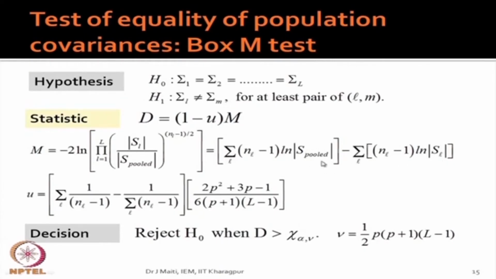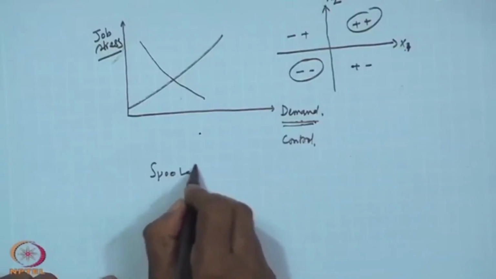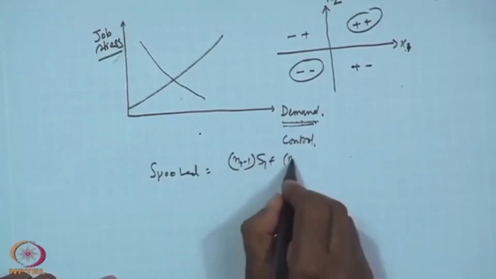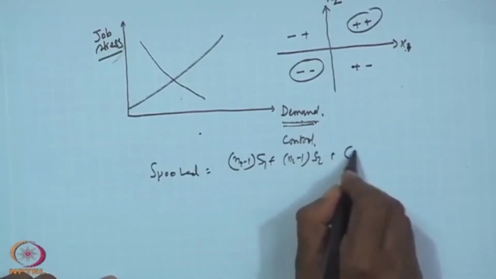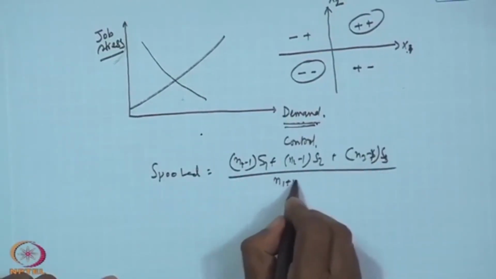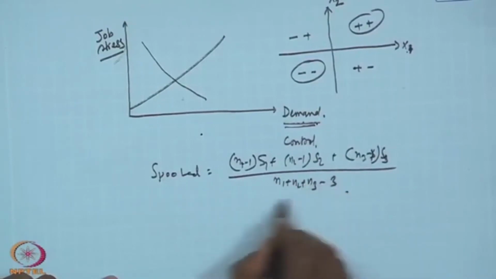You also require to compute S pooled and take the determinant of that S pooled, and there is one quantity u which is given by this measure. S pooled will be (n1 minus 1) S1 plus (n2 minus 1) S2 plus (n3 minus 1) S3, divided by n1 plus n2 plus n3 minus 3.